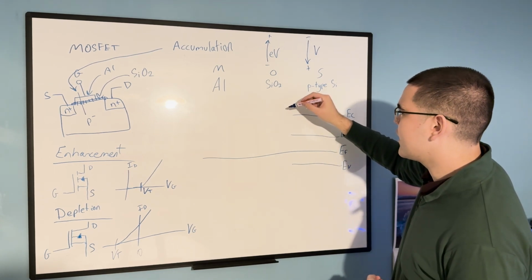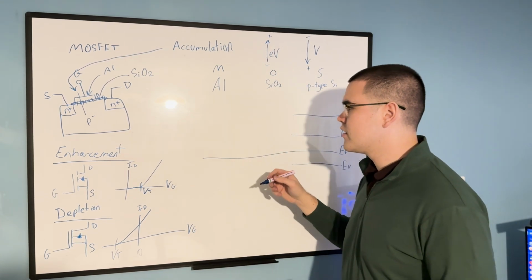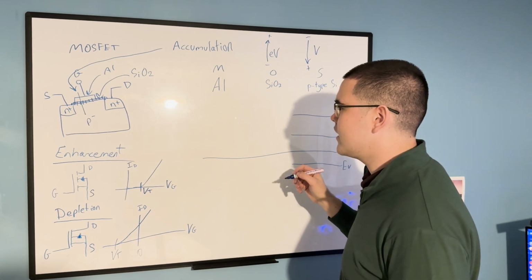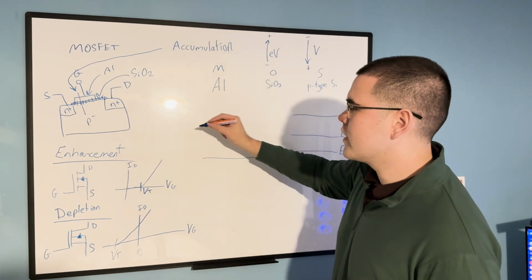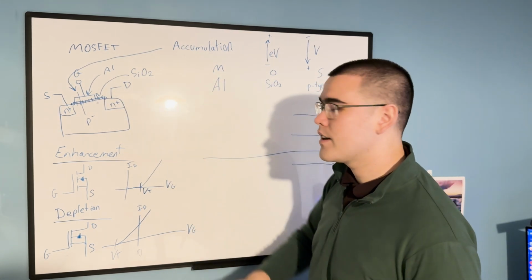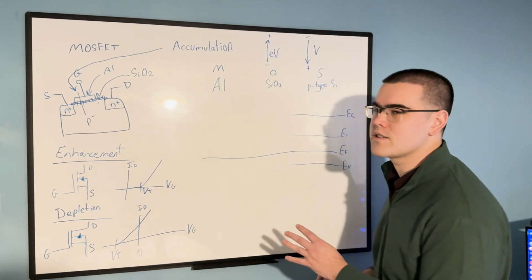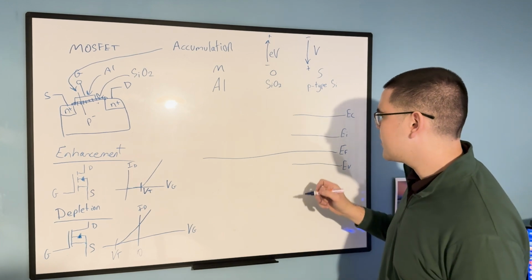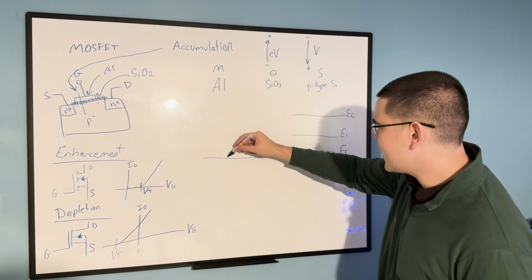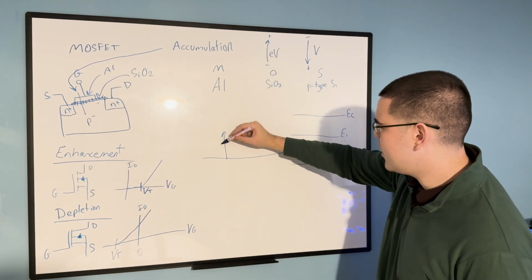So because we apply a negative gate voltage, we accumulate holes here at the surface, or should I say the interface of the oxide and the semiconductor. So by applying negative gate voltage, the voltage will go up at the gate.